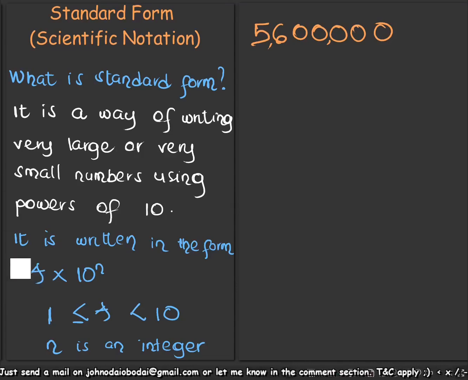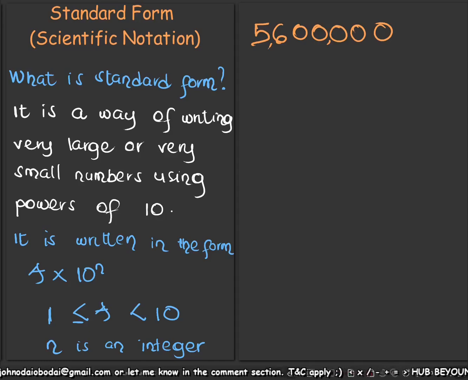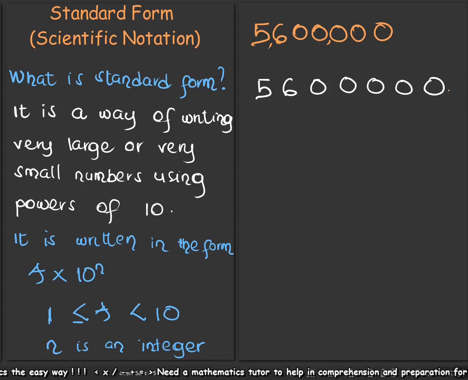Now you should know that for every whole number, there is a decimal point in front of it. Hence, for this one here, it has a decimal point that you can see over here. For whole numbers, we don't write the decimal point.